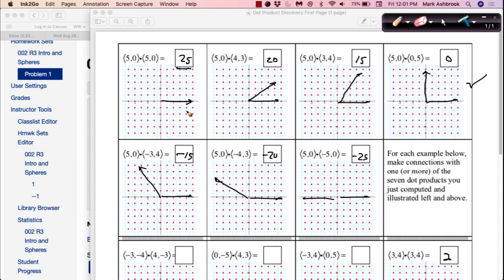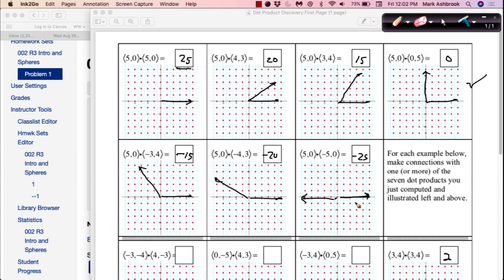Another observation. When the dot product was negative 25, it was a straight line. So equal and opposite. If they're pointing in opposite directions, you get the opposite of the magnitudes multiplied together. Yes, please.